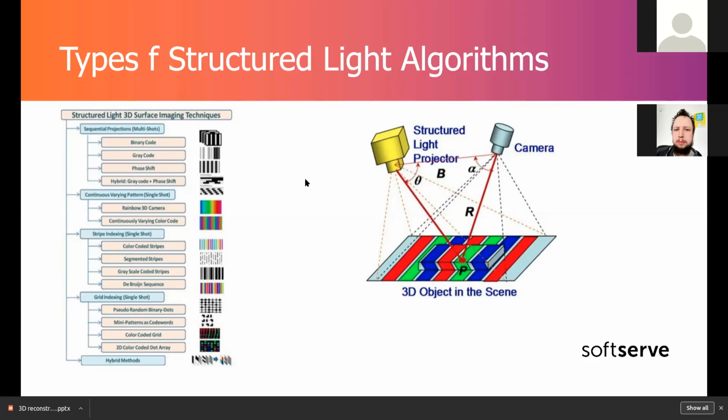Actually, we need at least 3 images, and 3 images are enough to achieve a good result. Because, for example, for binary and gray code, as I said, to decode a 1000 by 1000 image, we need to project at least 10 images.